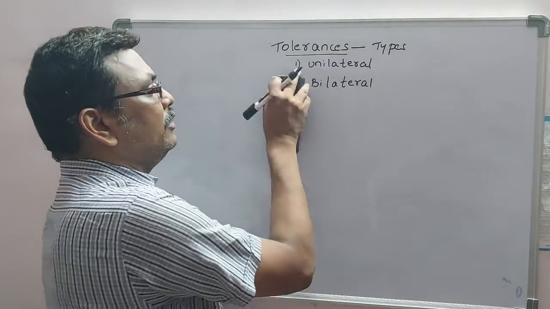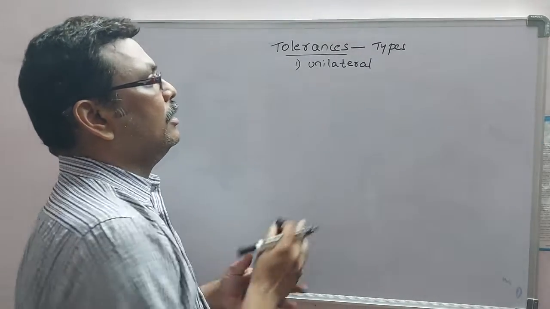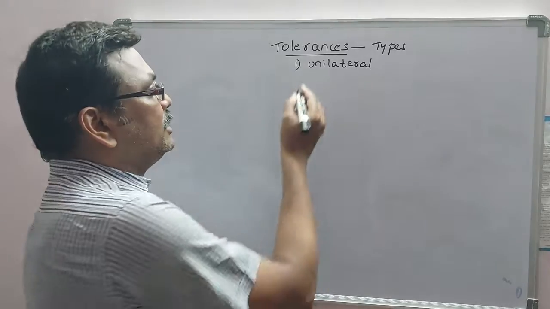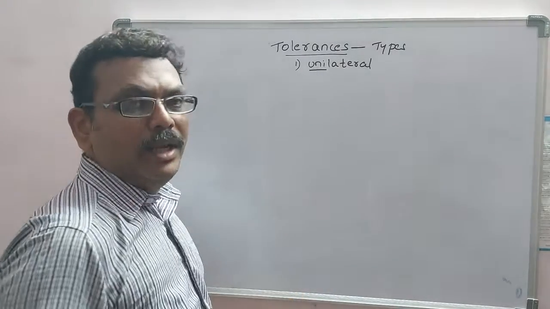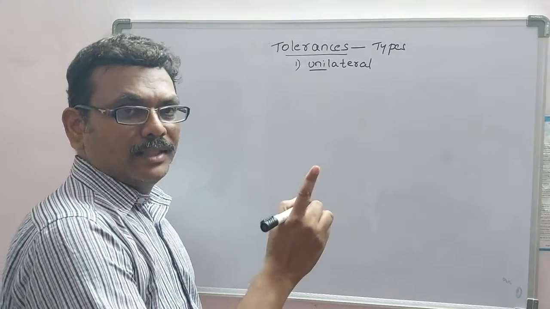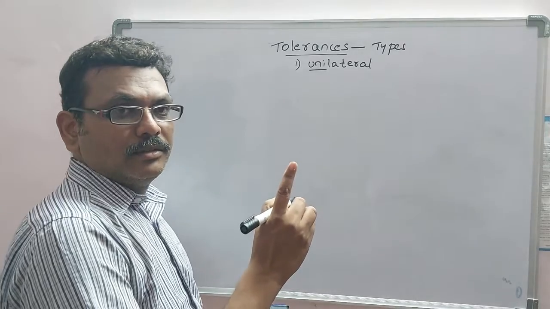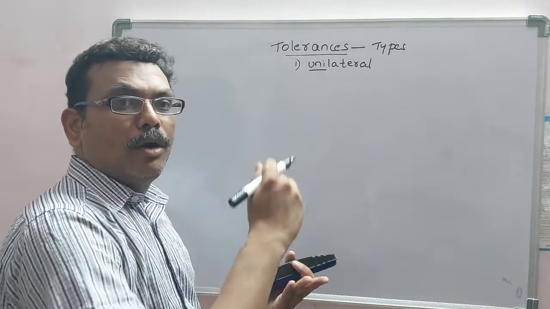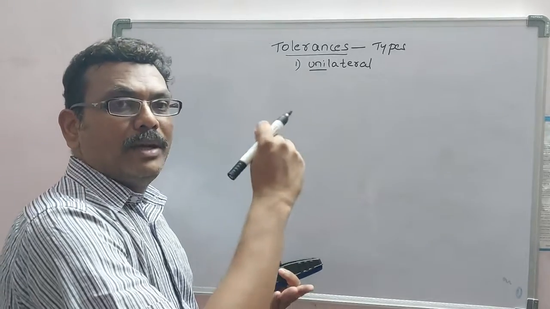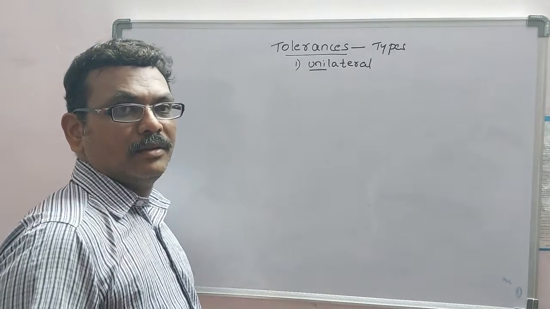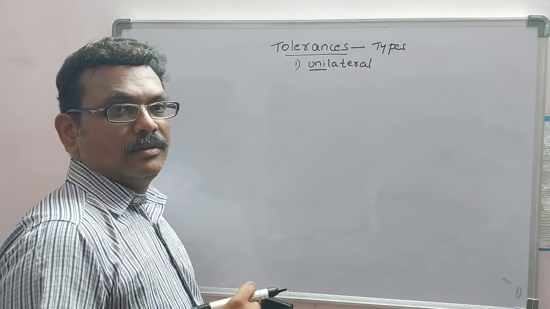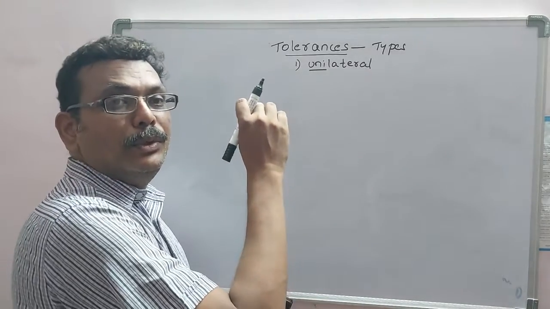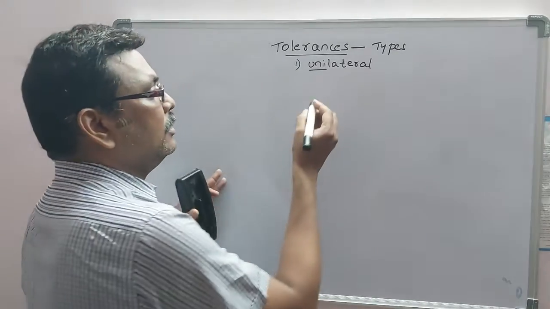So first, coming to unilateral, as the name itself indicates, uni means one side. So that one side, upper limit or lower limit, is called a unilateral tolerance.